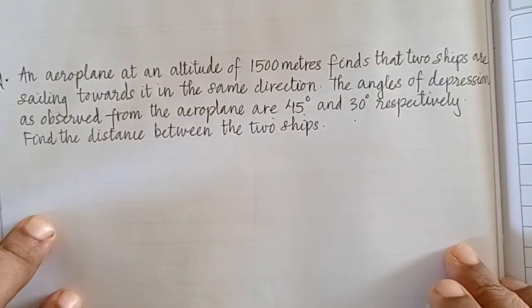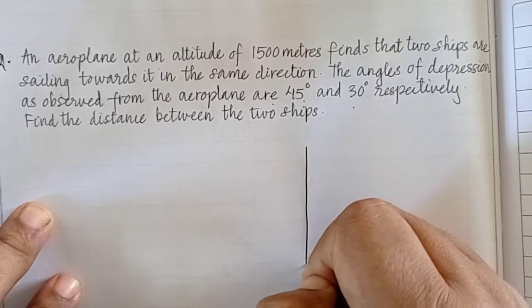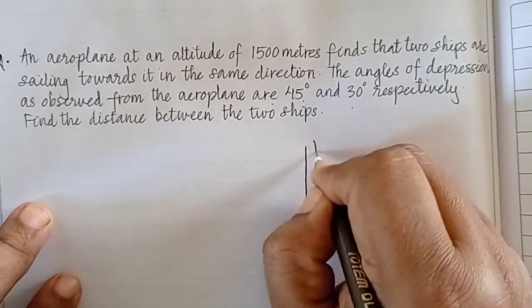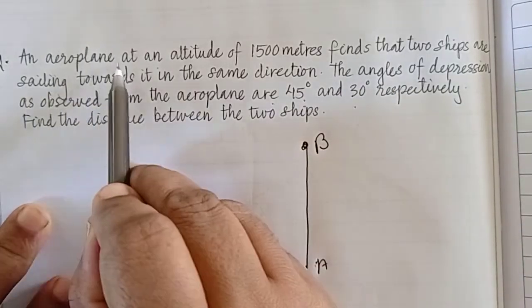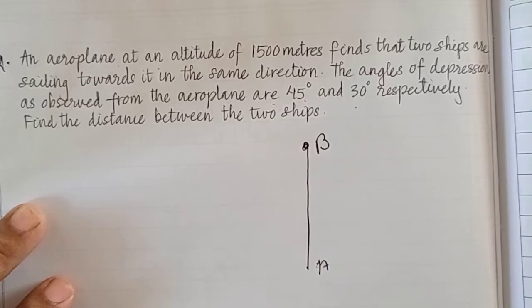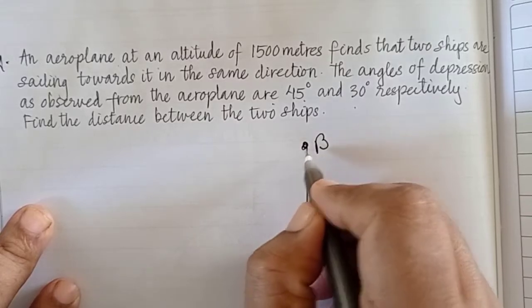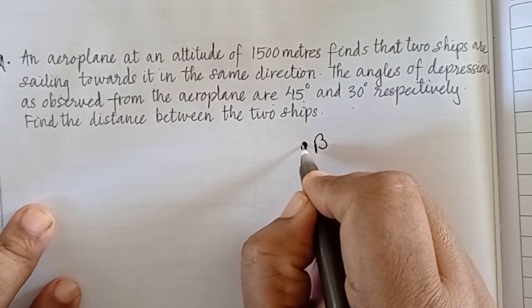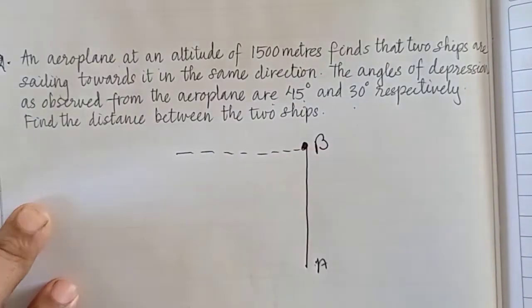I already told you the angle of depression means the object is above. Here the object is an aeroplane at an altitude of 1500. Is it clear? Therefore, here if the object is above, we know that the angle of depression, you can draw like this.